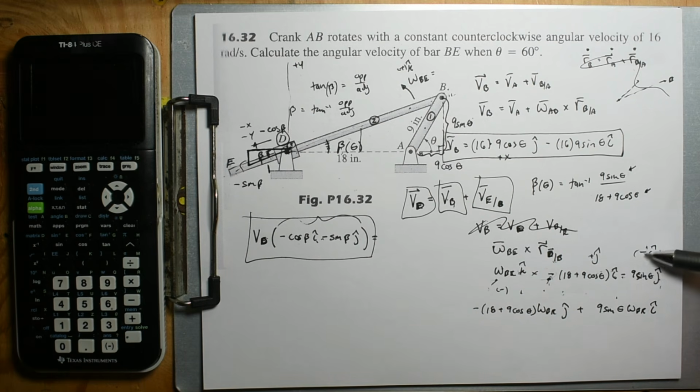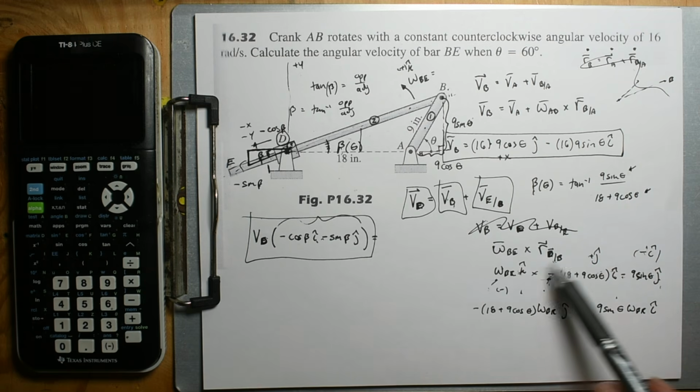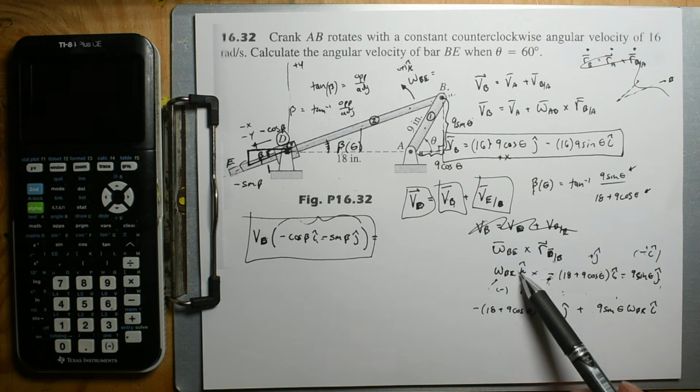And this is where I made mistakes of being like, hey, this is going to be negative. A negative and a negative is a positive. This is going to be a positive when we do the cross product of k and i. It's going to be a positive j hat, but we do have that negative.